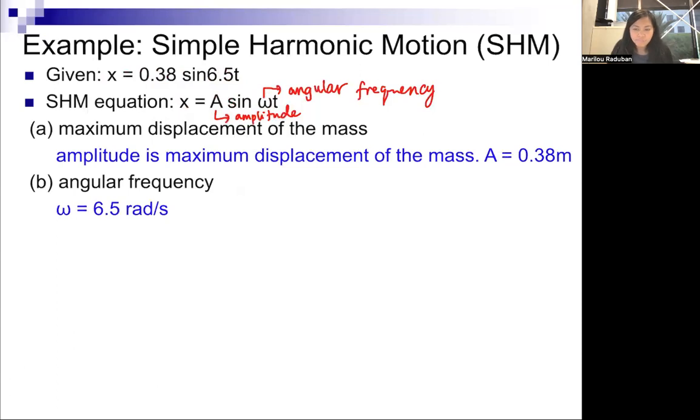radians. Yeah, so I wasn't sure how you got 2.275, Willow. The time t, I find this often confuses students. So this is time, small t. Oh, okay, so 0.38 sine 6.5 times 1.